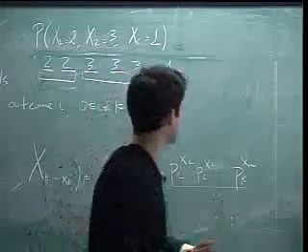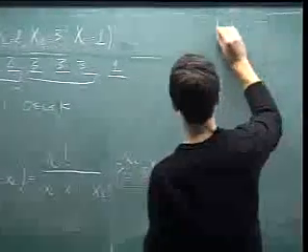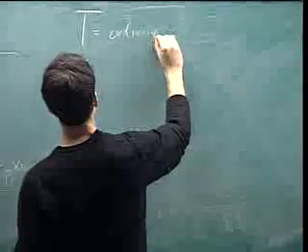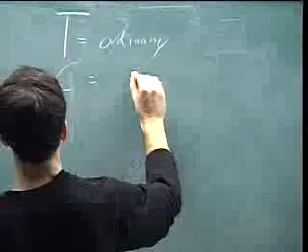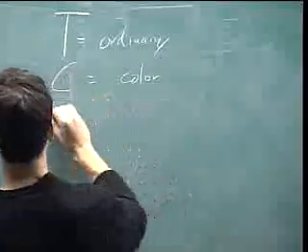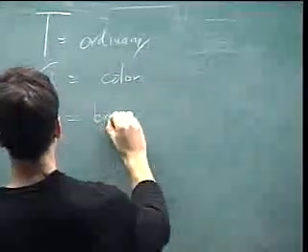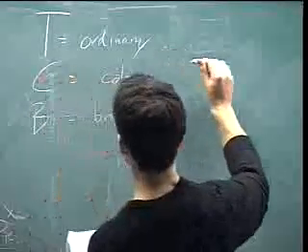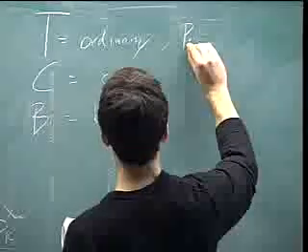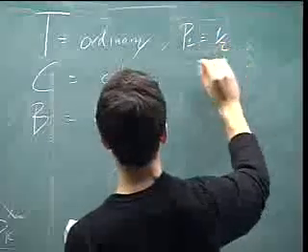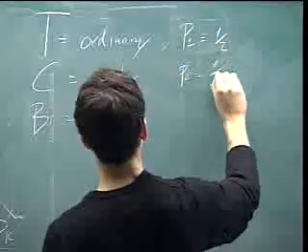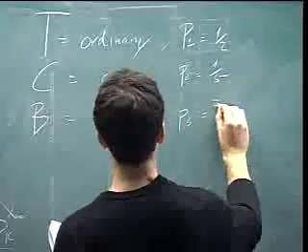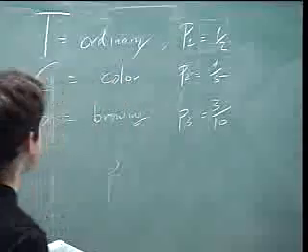So let's say T is ordinary TV, C is color, and B is browsing. And this happens with probability P1 equals 1/2, P2 equals 1/5, P3 equals 3/10.